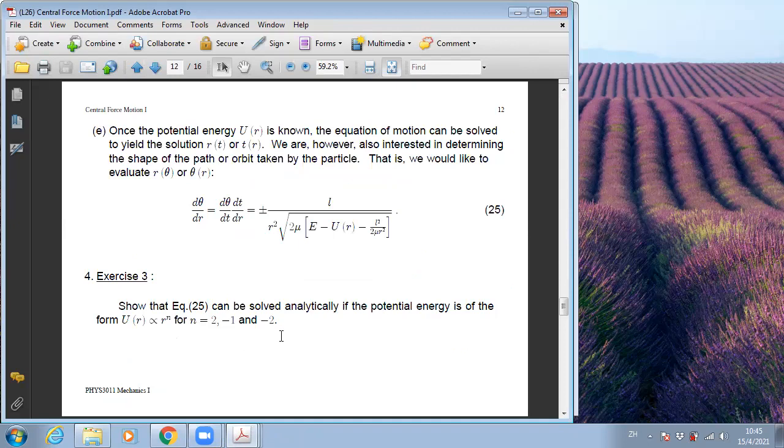Say for n equal to -1, we can do it two ways: solving the second order differential equation or performing the integral. Now for n equal to 2, n equal to -2, you can also try both ways.